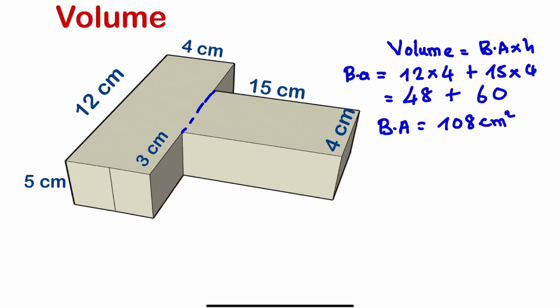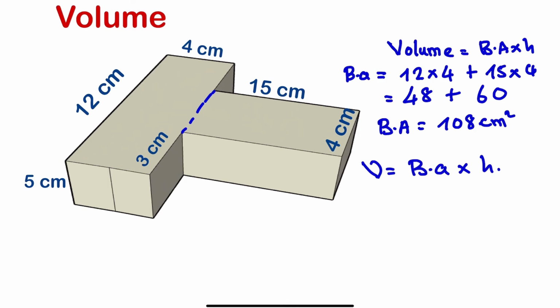But our question is to calculate the volume. So the volume, again, is equal to the base area times the height. Now what is the height of this prism? This is the height of the prism. We can see that the height of this prism is 5 centimeters.